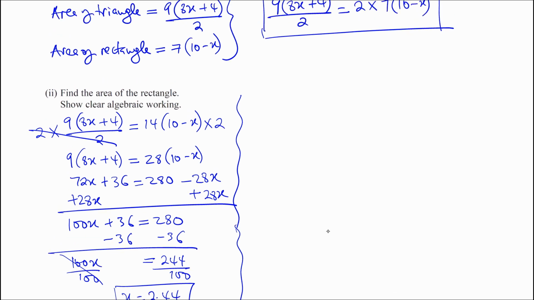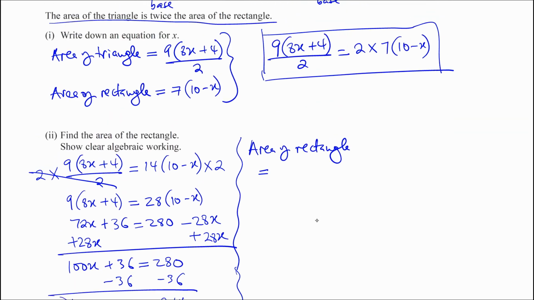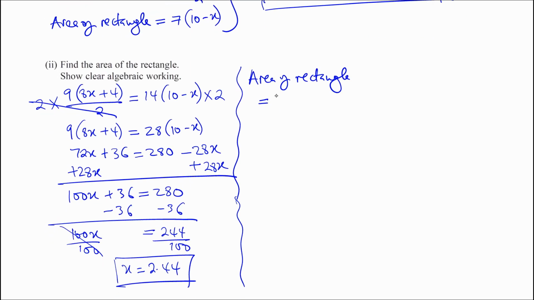Well, what we want is area of the rectangle. Now we know that area of the rectangle is given by 7 into 10 minus x.